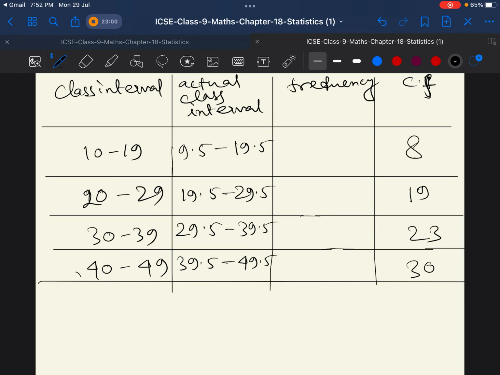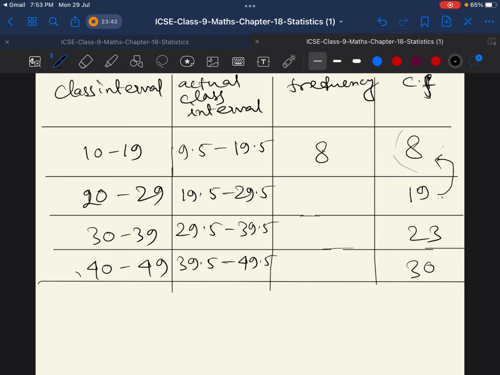When we calculate the cumulative frequency table, then we add one value with the next value. In the frequency table, we will find the frequency. So here we subtract this value from the next value.